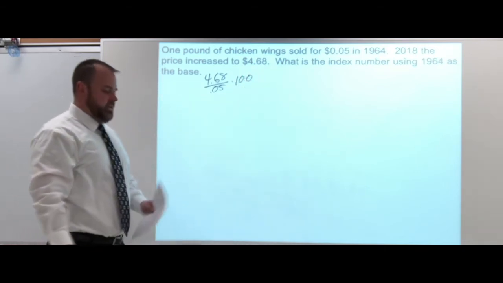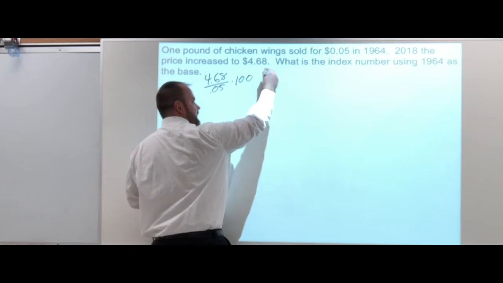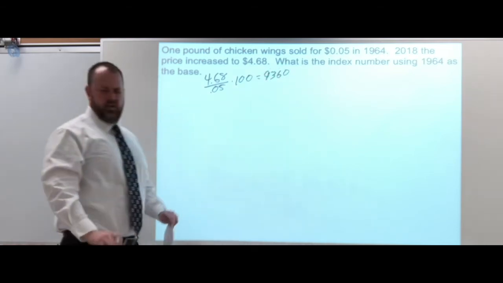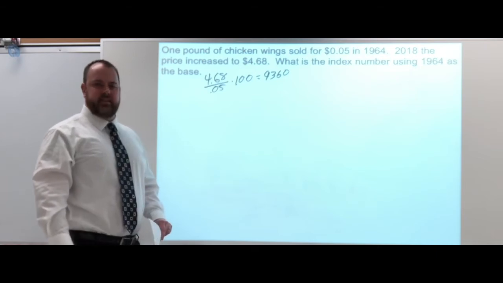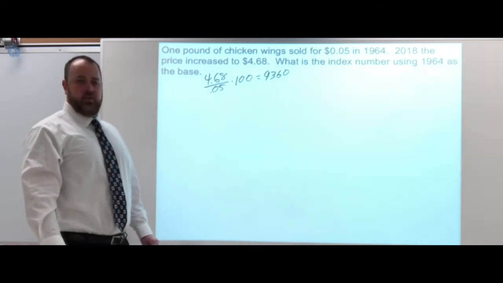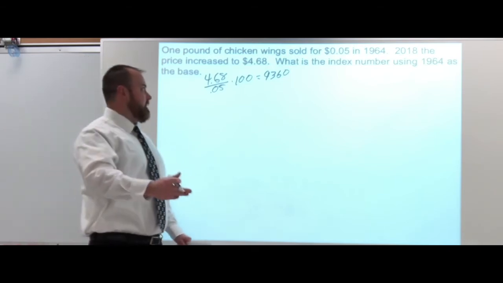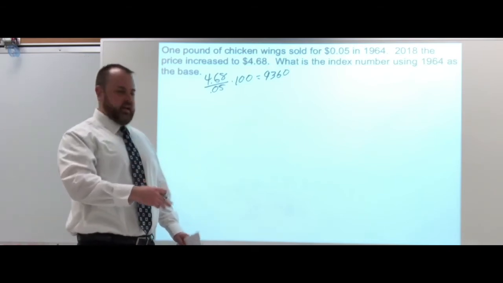That should give us an index number of 9,360. So a much larger index number. You can see it's a pretty big change, 5 cents to $4.68.